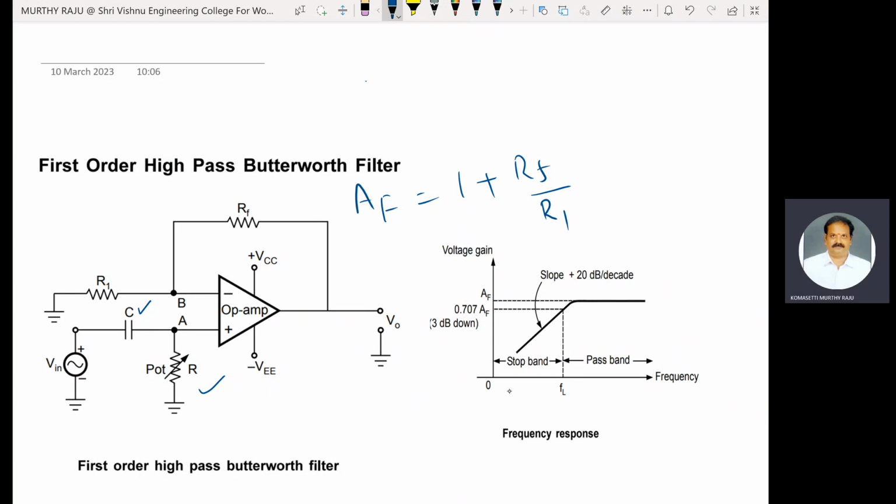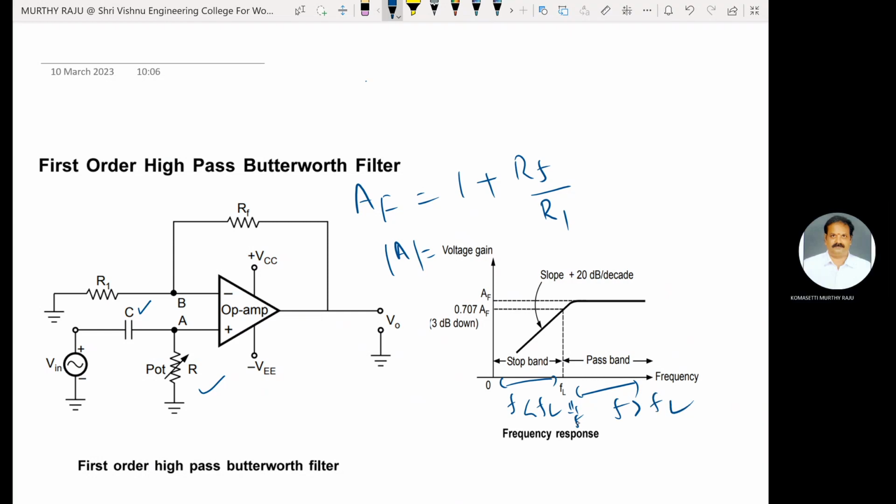Next, frequency response. Voltage gain is represented by A. Magnitude of that voltage gain is mod A. F less than FL in the range, here F is equal to FL, here F greater than FL. In F less than FL, the voltage gain of that filter circuit increases at the rate of 20 dB per decade.